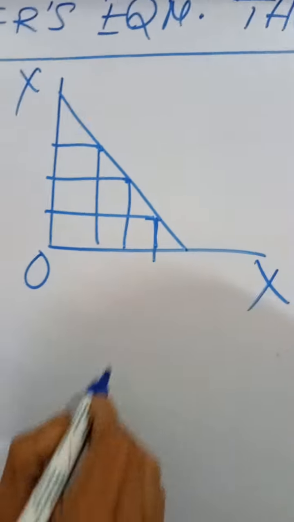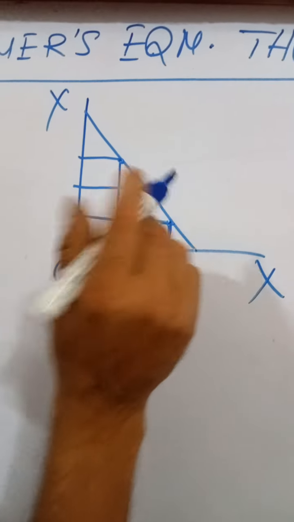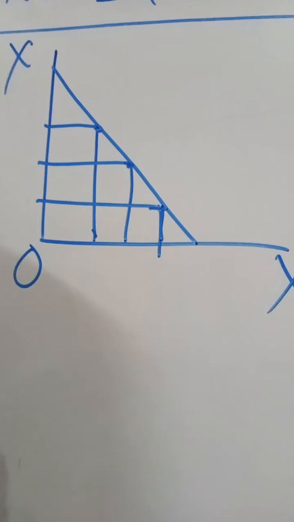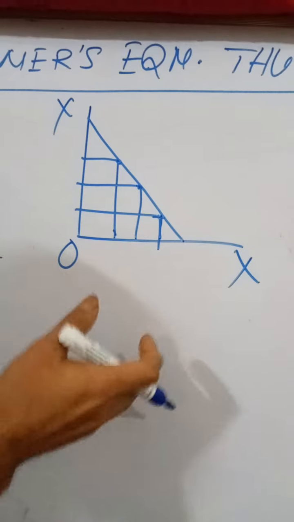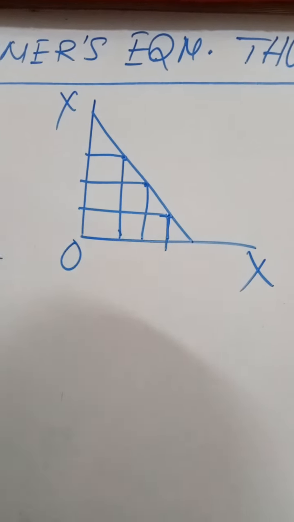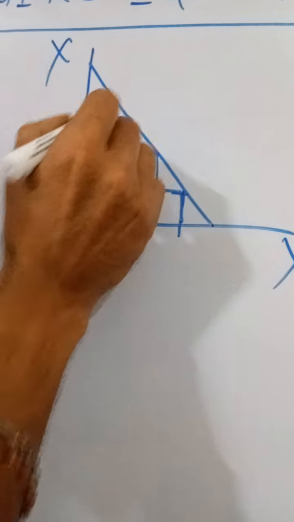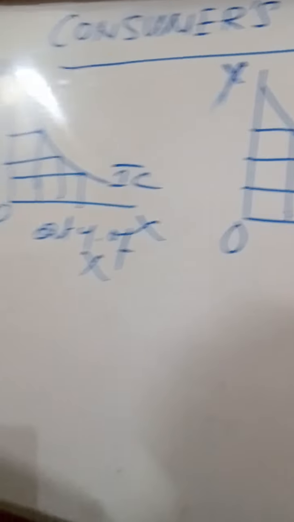Here the consumer is also indifferent among all these points as regards his total money expenditure. That means the total money at disposal of the consumer is spent among two commodities X and Y, and all these points are equally expensive, and the consumer is spending all the money on only two goods X and Y.